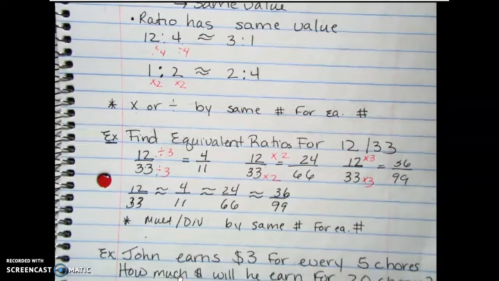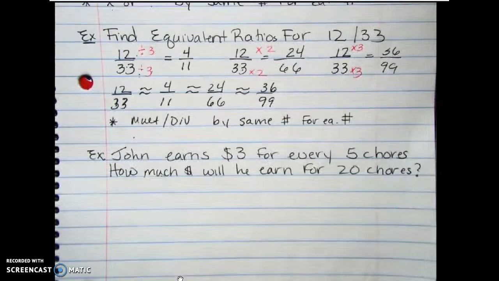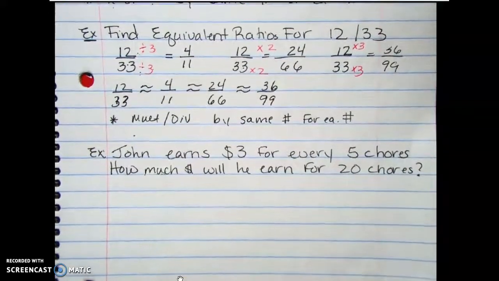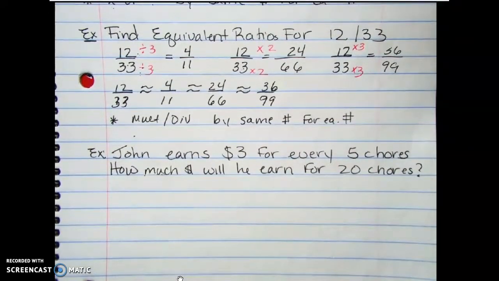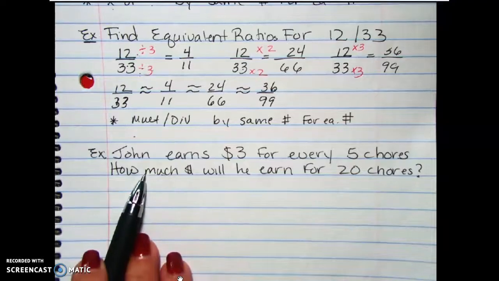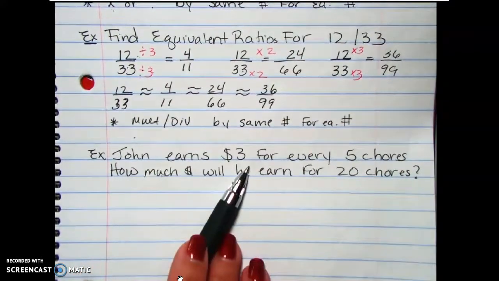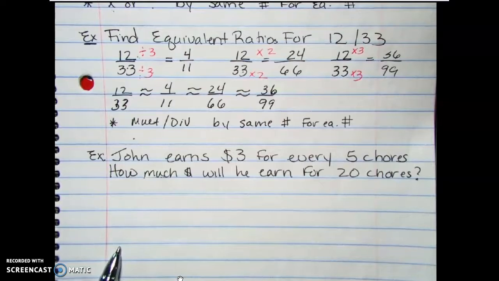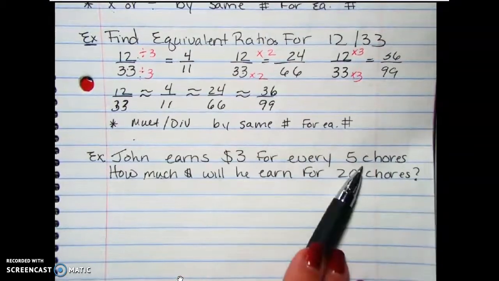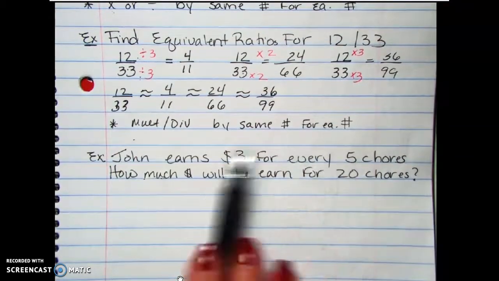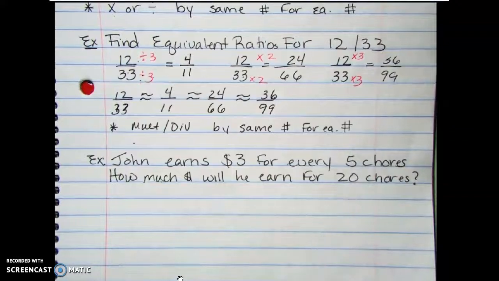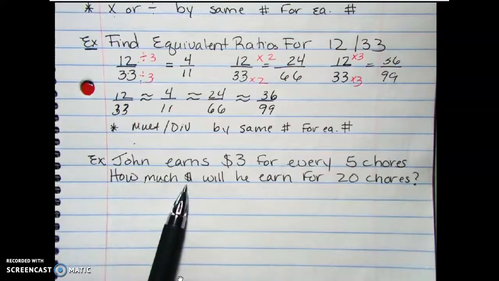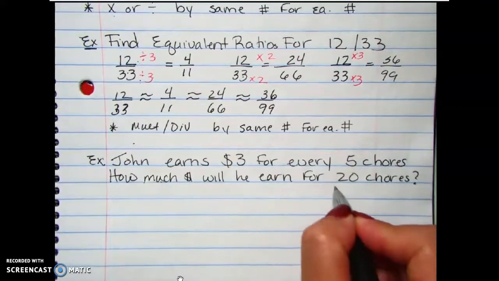So here we're going to do it a little bit differently, so you need to make sure you write down this example. This is written as a word problem, and it is a ratio. John earns $3 for every 5 chores. So $3 for every 5 chores. Okay, that's a ratio, 3 to 5. But here it says how much money will he earn for 20 chores.